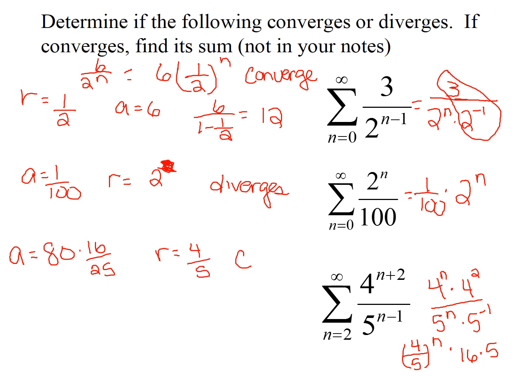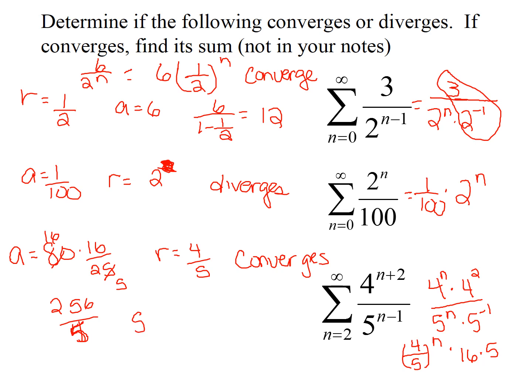So we know this converges because the absolute value of r is less than 1. Just what does it converge to is the question. So that's some big number that I really don't feel like doing. Actually, 5 goes into this 6 times, and 5 goes into this 5 times, so it's 256 over 5.